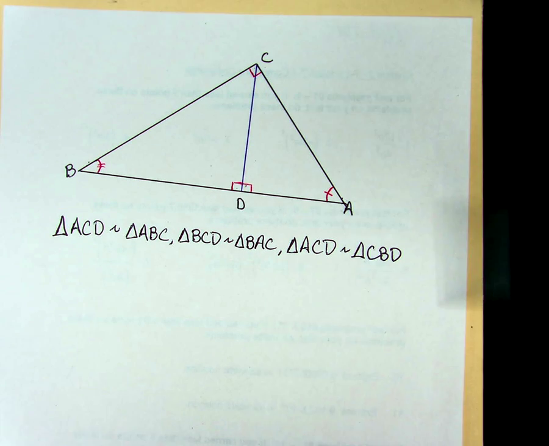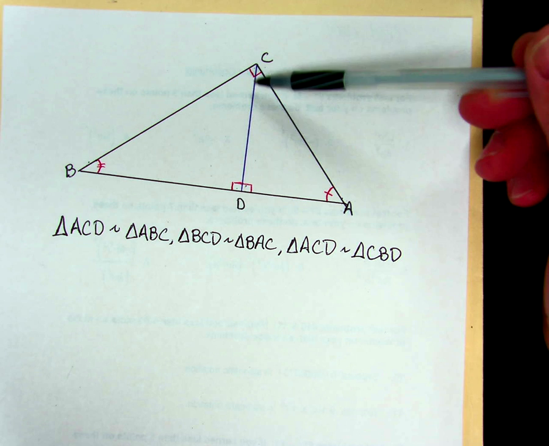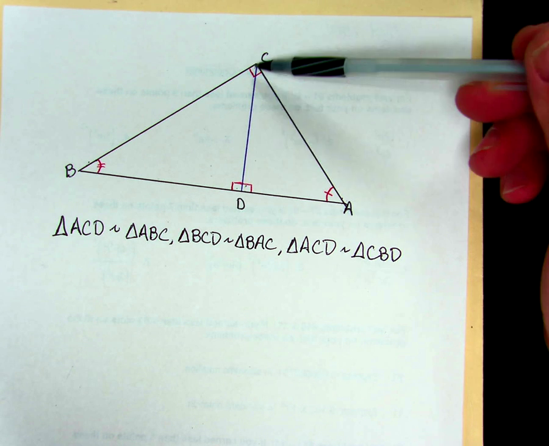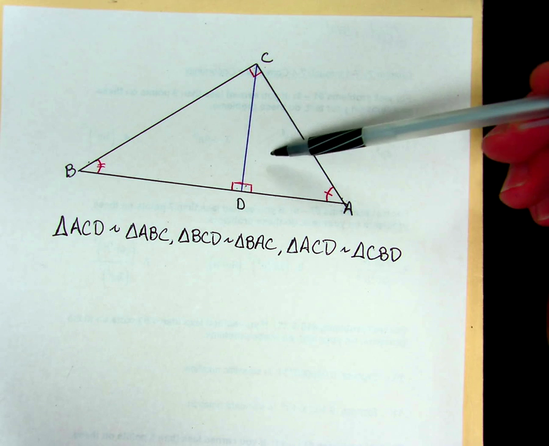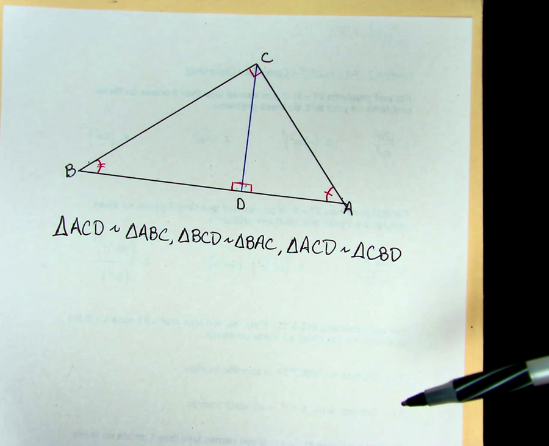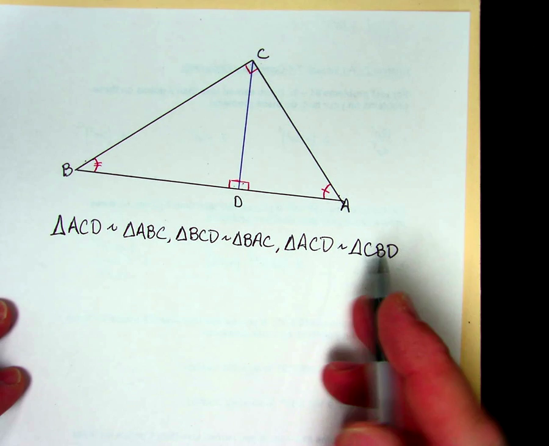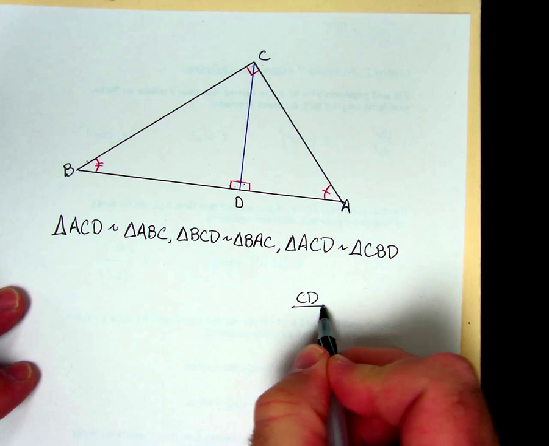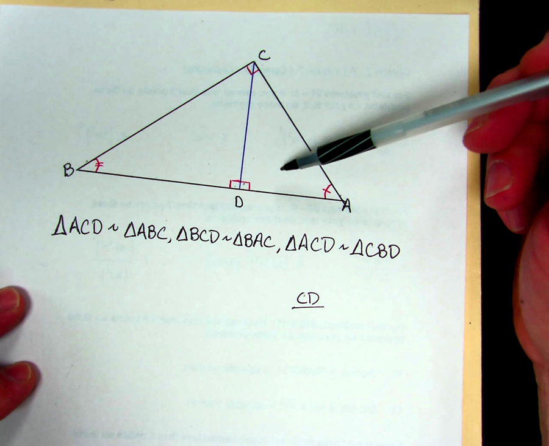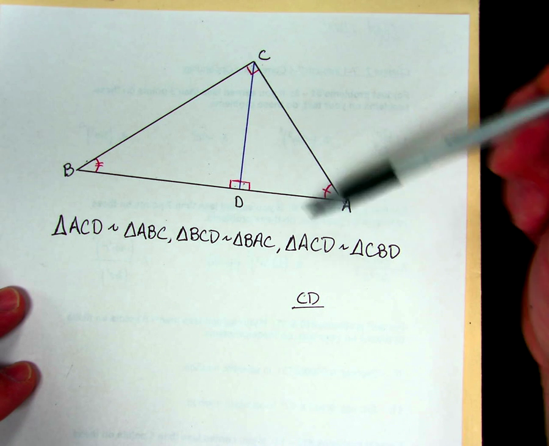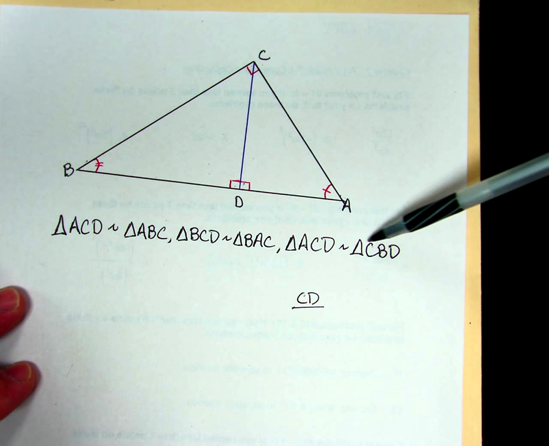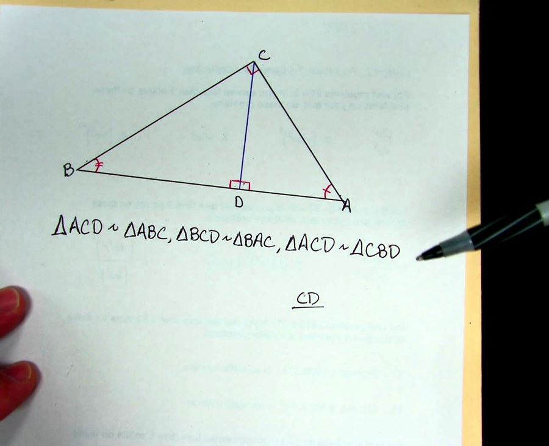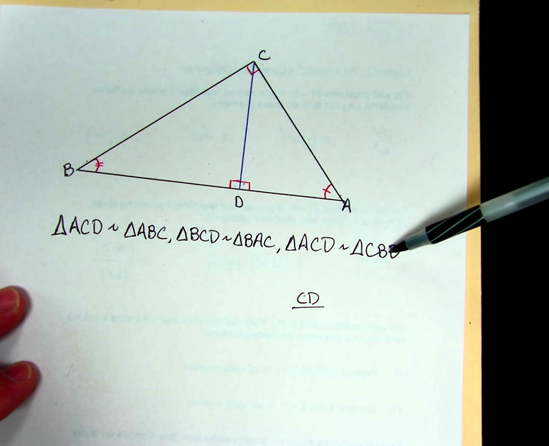Now, notice this segment CD. Segment CD is in both of these smaller triangles. If I match corresponding parts, CD in this triangle, ACD, corresponds to, excuse me, BD in the other.